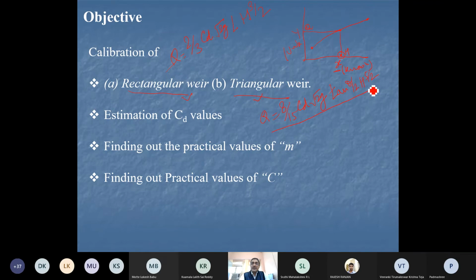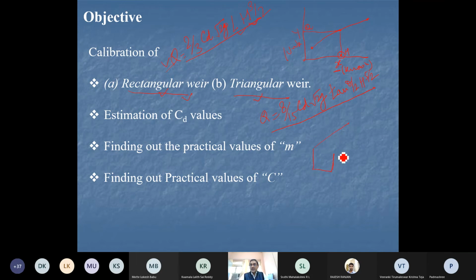These are the theoretical relationships we have learned between discharge, length of the crest, that is in the rectangular weir, and head over the crest, that is H. g is a known condition. So if we have a weir, we can install it in any channel. Suppose it's a rectangular channel here.